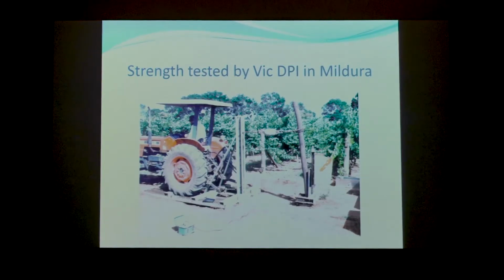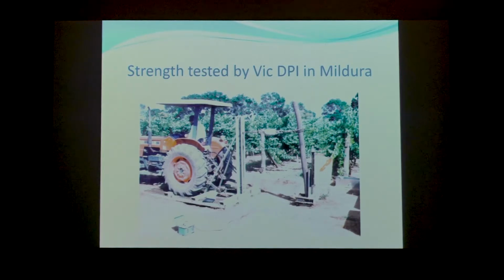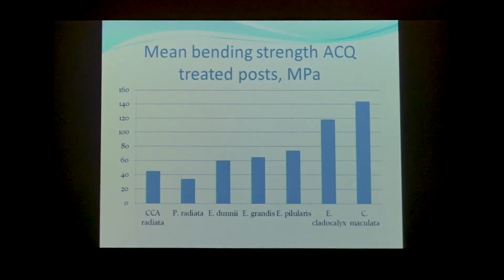So a selection of those posts in that trial were then strength tested by some collaborators near Mildura, and these are the mean bending strengths attained for the ACQ treated posts. You can see that all the eucalypts were stronger than radiata pine posts.